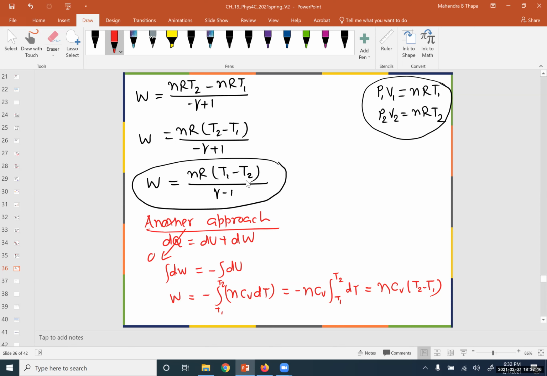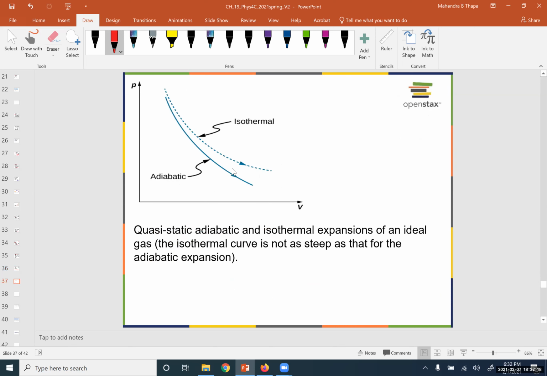So this said, if you plot a graph of P and V for both processes, comparing the adiabatic process and the isothermal process, then you will see that the isothermal curve is not as steep as that for the adiabatic expansion. So you can compare.